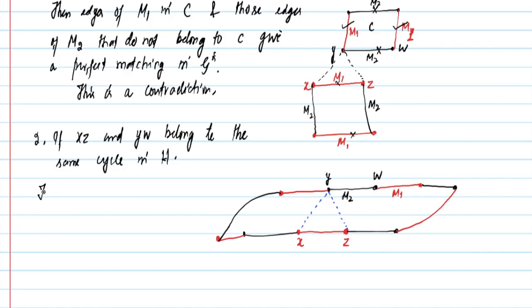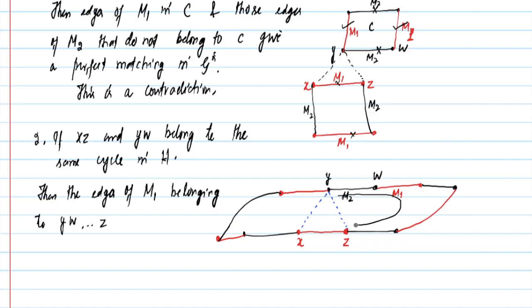Then in this case, the edges of M1 belonging to this sequence, Y, W, and so on up to Z. That means the edges that are on this part.